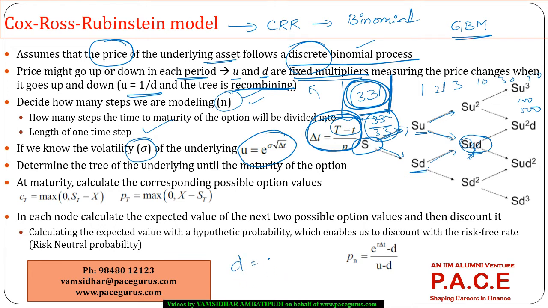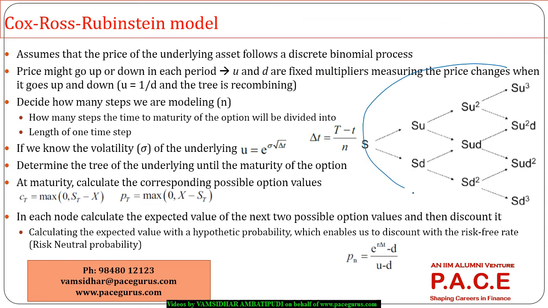Because d is nothing but 1 by u, it becomes e to the power of minus sigma into square root of delta t. So that becomes my upward factor and the downward factor. Based on all these things, find out the tree. So make this kind of a tree. That is what goes into the CRR model.